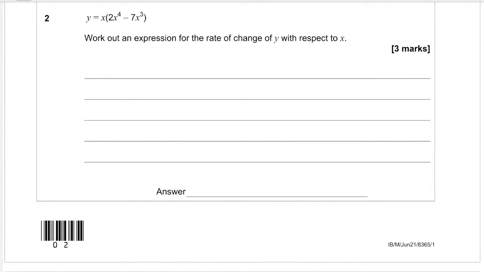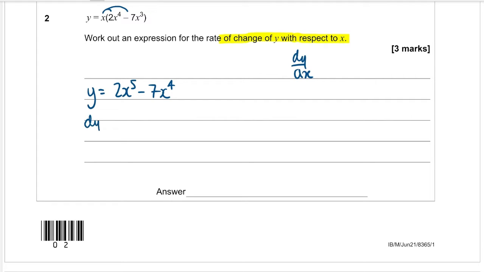Question 2 is asking for the rate of change of y with respect to x, and that is our good old friend dy by dx, aka the derivative. So in order for me to differentiate, I need to write out my y function as just a list of x's. So I'm going to multiply out these brackets to get 2x to the 5 minus x to the 7x to the 4.